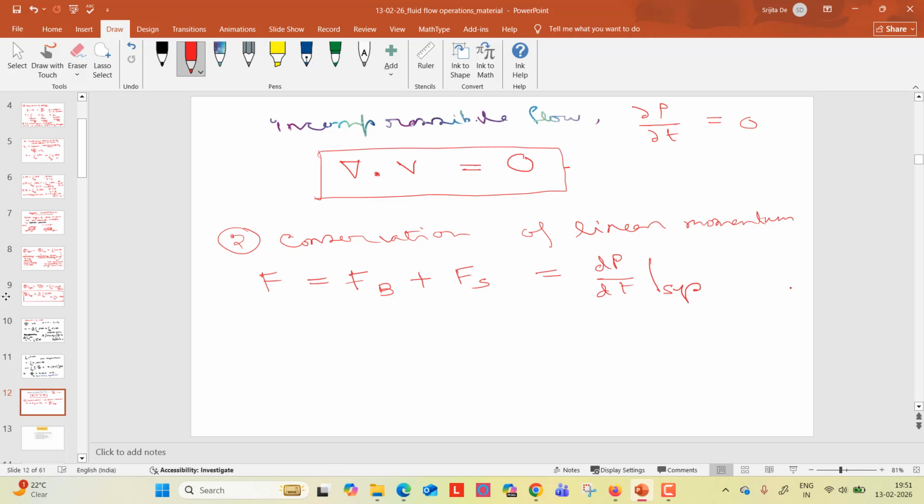Now if we want to write it in the form of Reynolds transport theorem, what will it be?